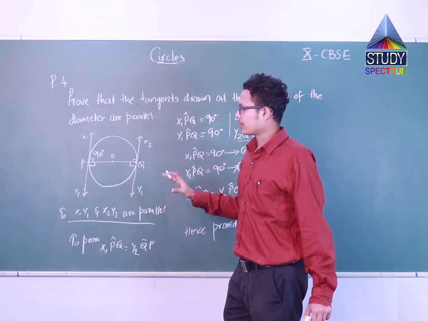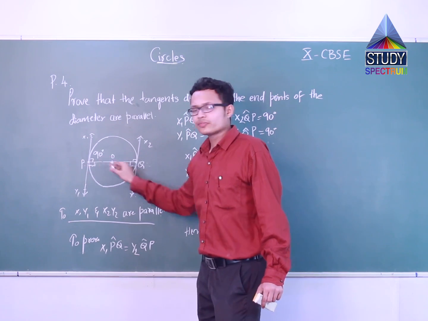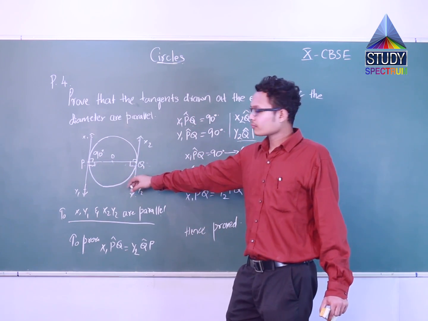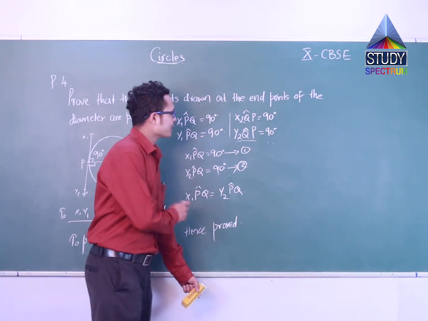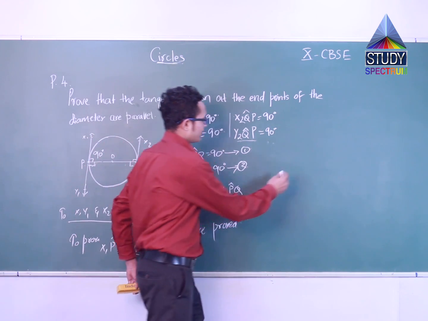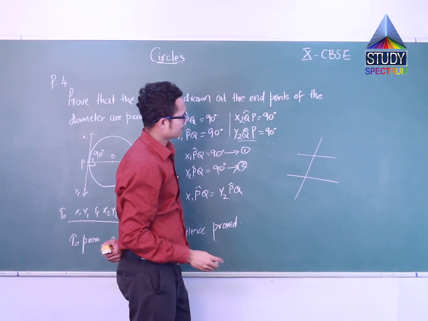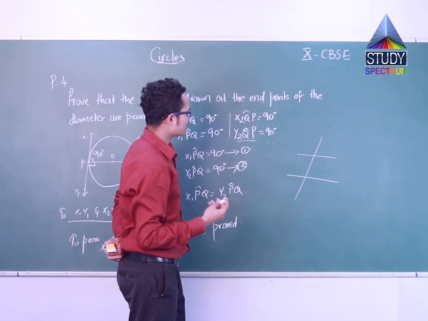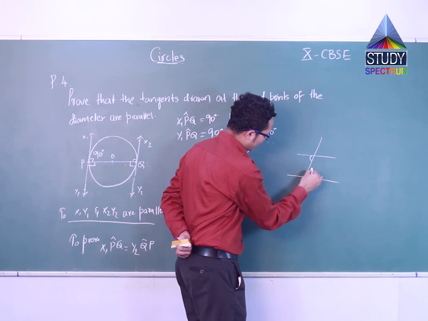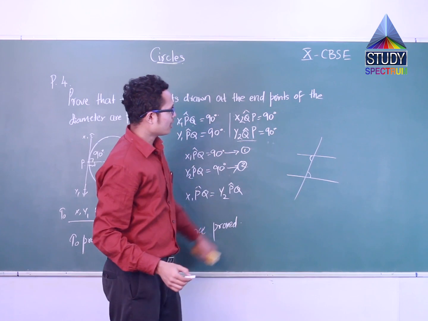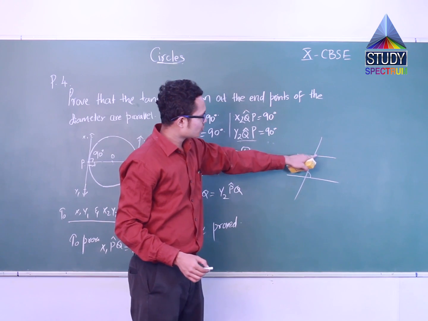Just a recapitulation of the problem. We have to prove that the lines drawn at the end points of the diameter of a circle are parallel. You learned in earlier classes, in grade 7, 8 or 9, that if two lines are parallel, the alternate opposite angles are equal only if and only if these two lines are parallel.